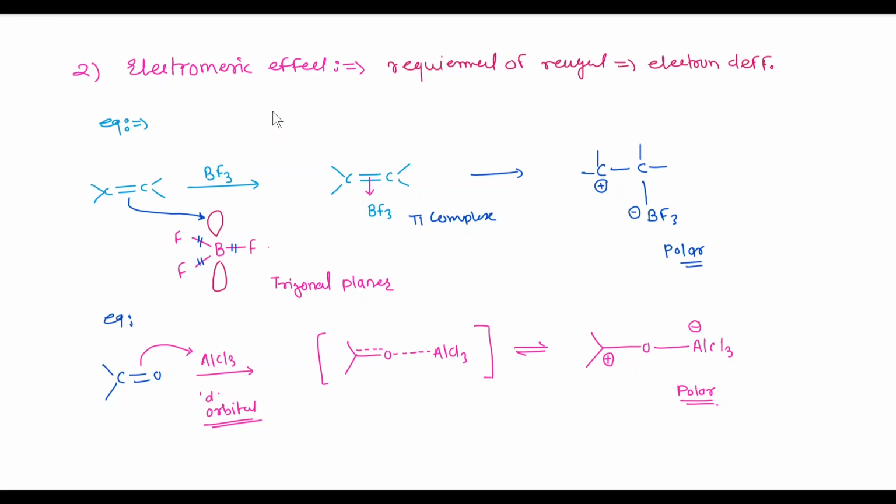This electromeric effect, the polarization of bonds in non-polar as well as polar compounds, is a temporary effect, because when we remove the electron deficient species or Lewis acid from it, the electromeric effect disappears.